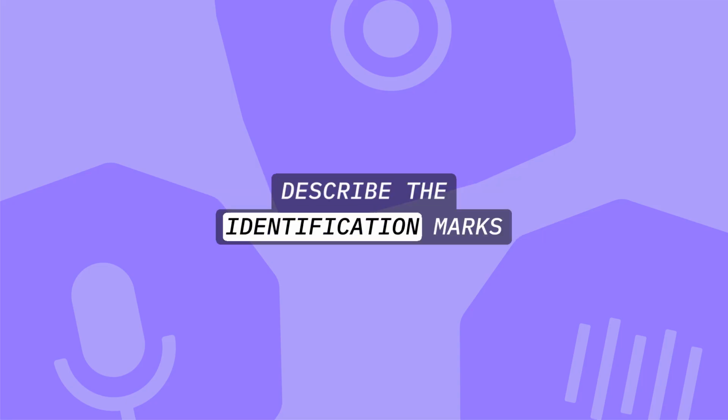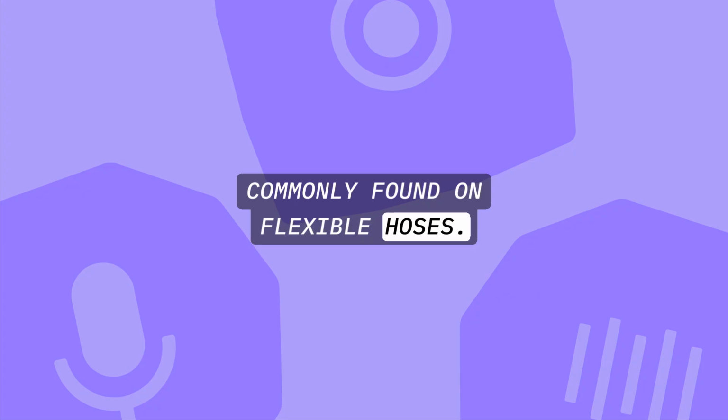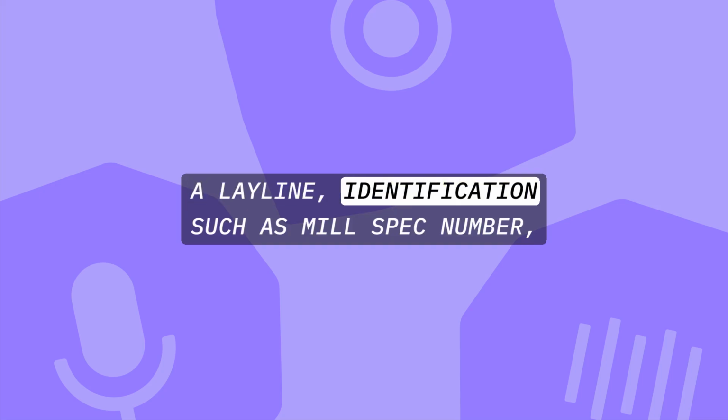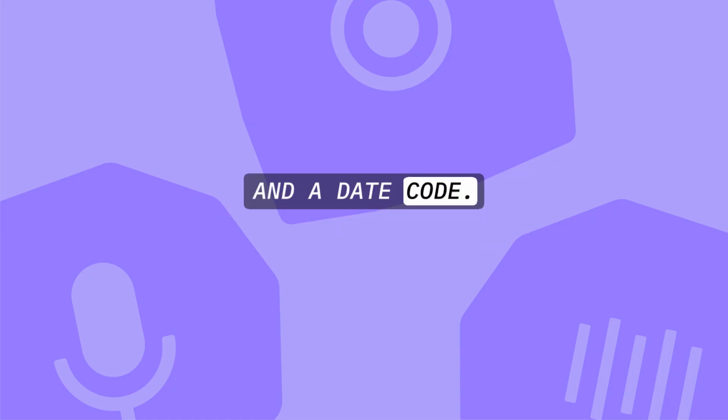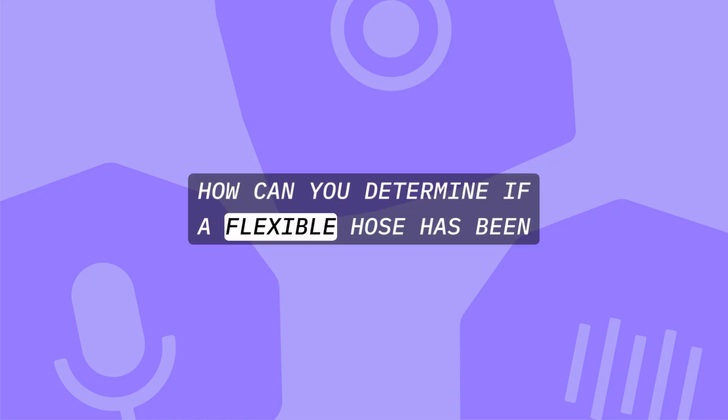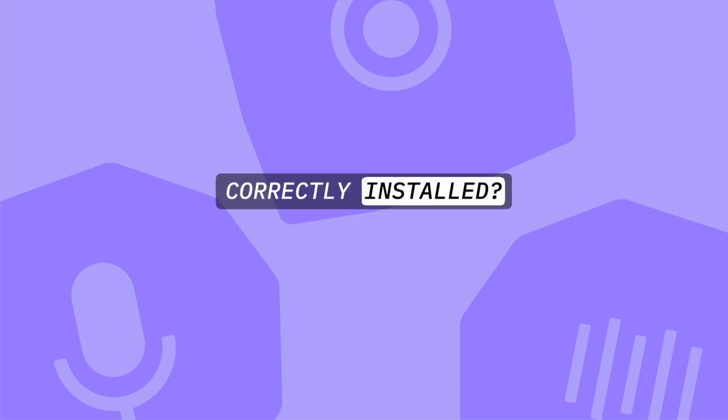Describe the identification marks commonly found on flexible hoses. A lay line, and identification such as mil-spec number, the manufacturer's name or symbol, the hose size, and a date code. How can you determine if a flexible hose has been correctly installed?